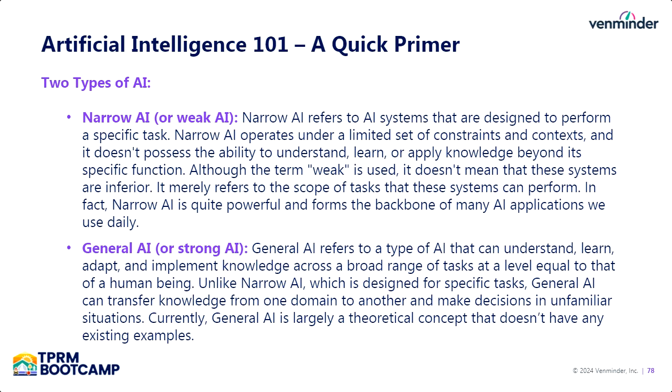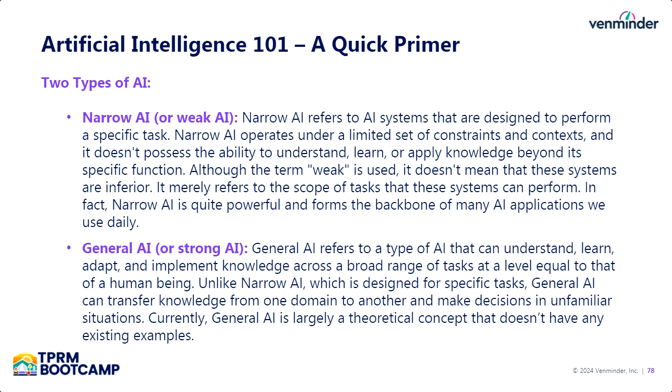Okay, so there are basically two types of AI. Just real quickly, there's what we call narrow or weak AI and general or strong AI. Now, with narrow, it doesn't mean it's weak, like it's not a powerful system. It just merely refers to the fact that AI in this context is very constrained. It's really meant to address or perform a single function, right?